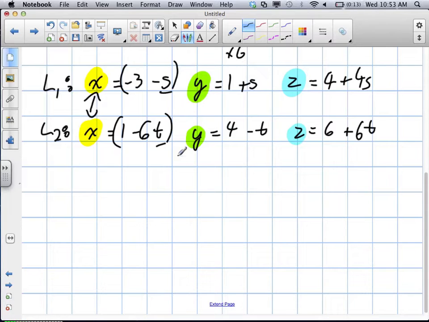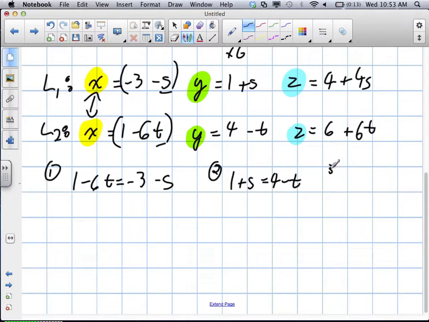We're going to try to solve what s and t can be. So, our very first equation, and we can set up all 3 just so you guys can see what it'll look like: 1 minus 6t is equal to -3 minus s. Equation 2, which would be our y's, is 1 plus s is equal to 4 minus t. And equation 3 would be 4 plus 4s is equal to 6 plus 6t.